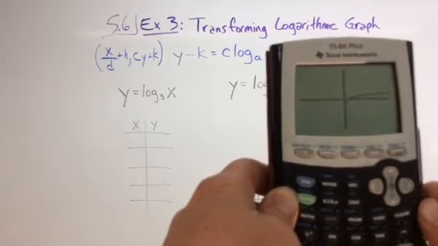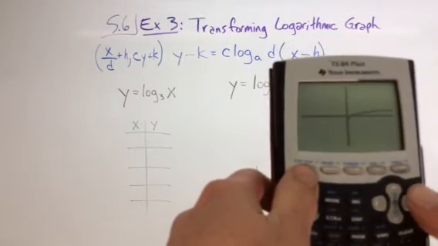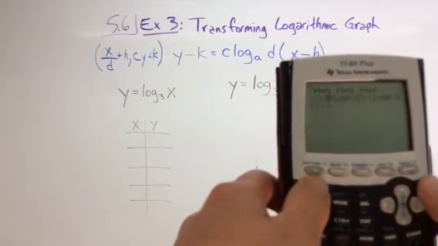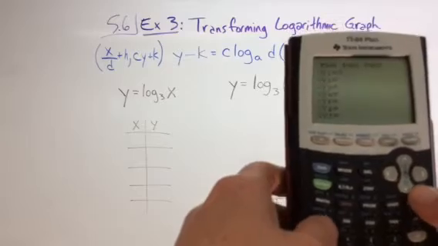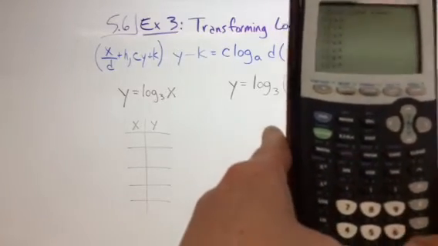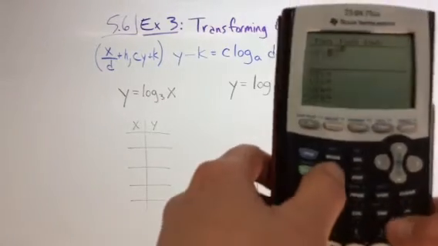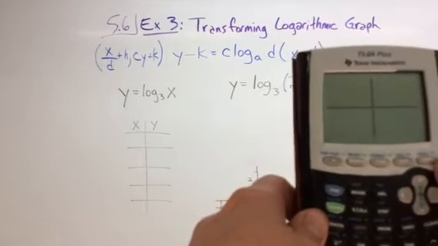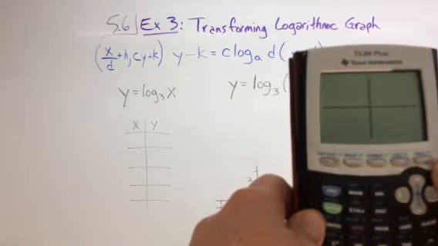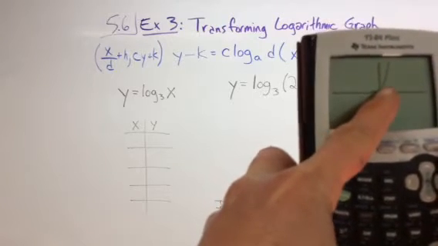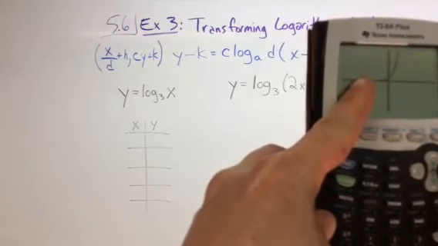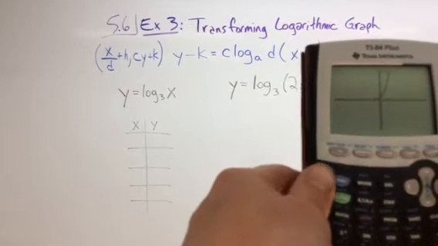Now, if I were to use the inverse of this graph, I'll just get rid of this, and use 3 to the power of x like we were using before, then I use my graph. Now, all of those really difficult to find numbers are actually on the x-axis. So that's easier to control and easier to see.